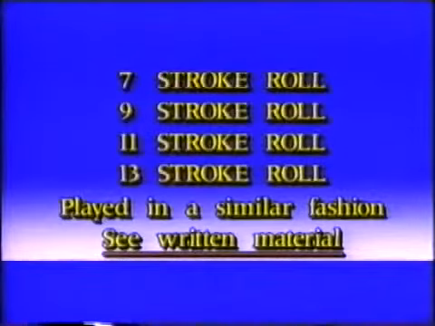Also, the 7, 9, 11, and 13-stroke rolls are constructed in a similar fashion. The 6-stroke roll is a little different because it begins with a tap, has 2 beats from hand to hand, and ends with a tap.